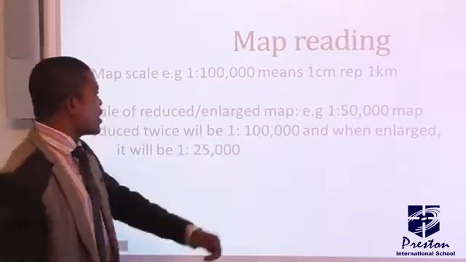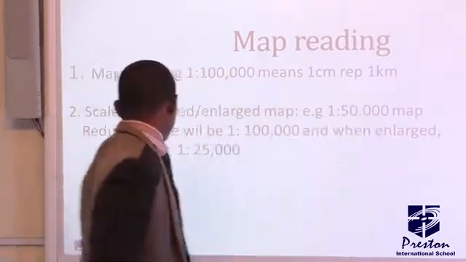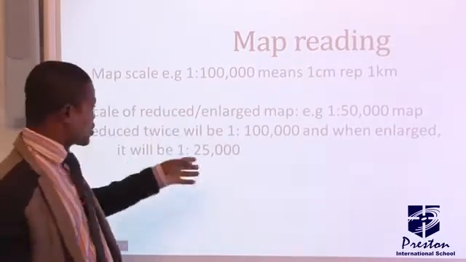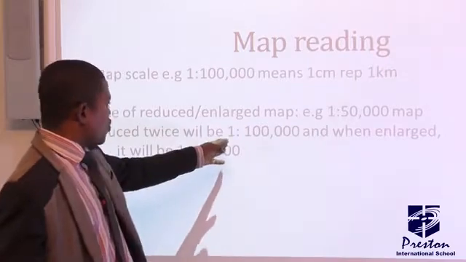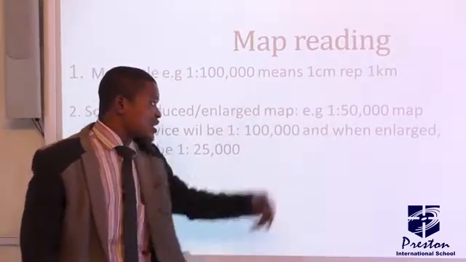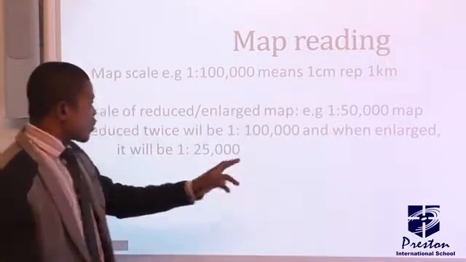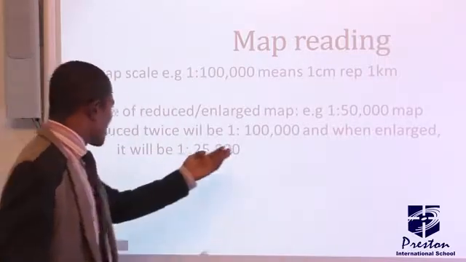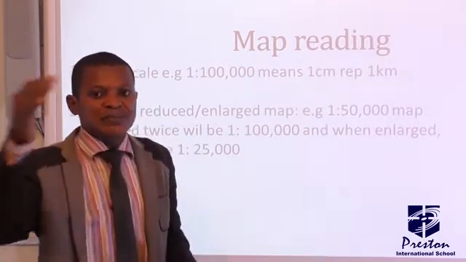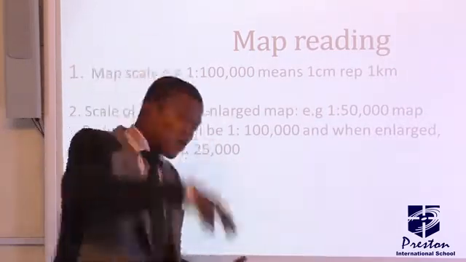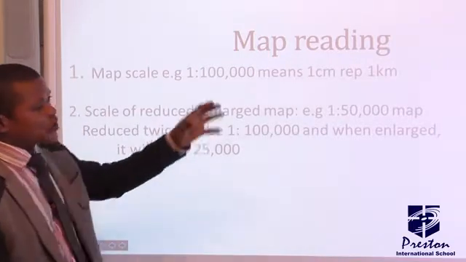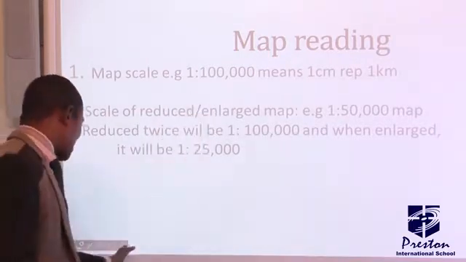For example, for a map of 1:50,000, when you are asked to reduce it twice, the new scale will be 1:100,000, that is 50,000 times 2. Then, when you enlarge that same map, the scale will become 1:25,000 because, don't forget, when you enlarge a map, the scale becomes smaller. So take note of that. That is how to determine the scale of a reduced or an enlarged map.